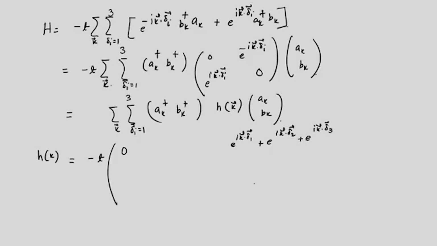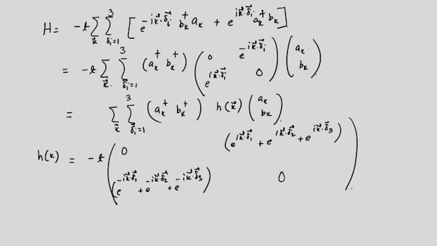Okay. And then there will be a similar kind of term, but with the Hermitian conjugate. So, it is exponential minus i k dot delta 1 plus exponential minus i k dot delta 2 plus exponential minus i k dot delta 3, and a 0 here. And if we want to diagonalize this, we just have to find the eigenvalues of this matrix H of k. Okay.